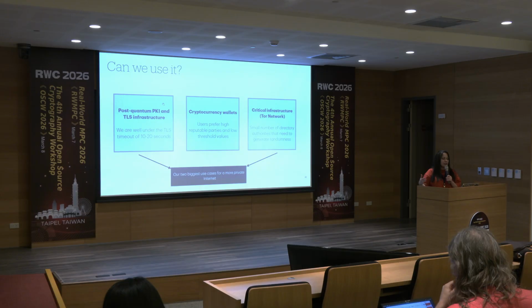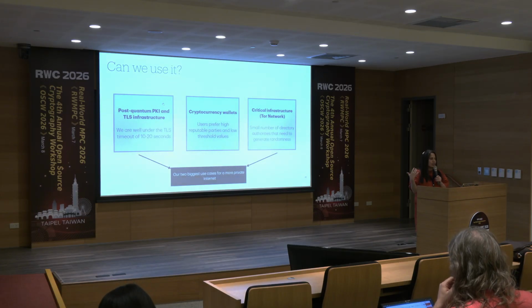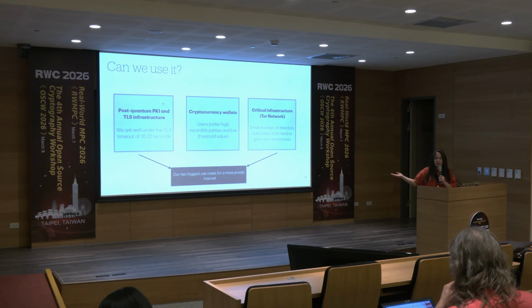The same can be said, for example, when you're trying to introduce threshold signatures in the post-quantum PKI and TLS infrastructure, or you're trying to integrate it in critical infrastructure such as the Tor network. In the Tor network, for example, it depends on the number of directory authorities that jointly generate a randomness and need to sign that specific randomness, but they often vary between 8 or 10 directory authorities, so maybe our scheme can still be suited for those specific cases.